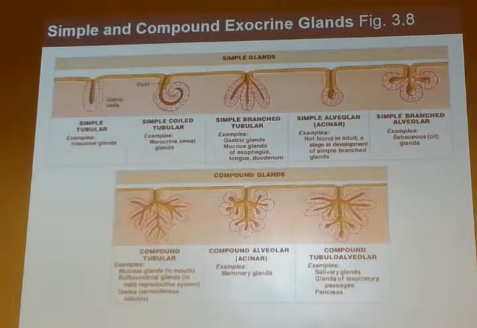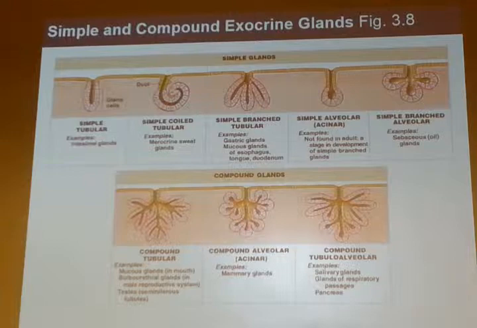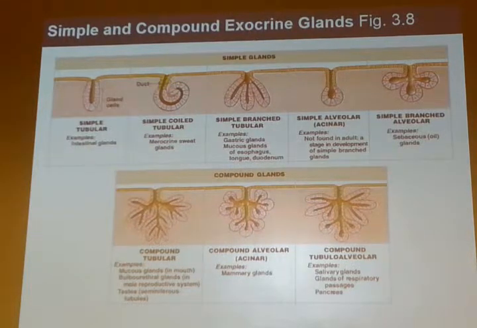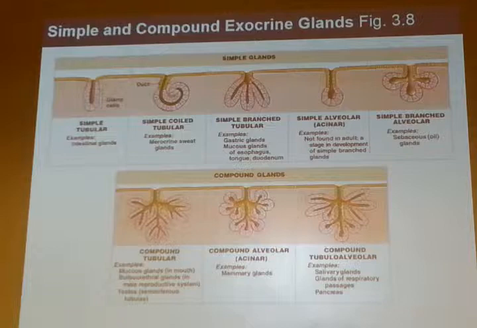Then some areas of the gland secrete from tubular secretory cells, and other areas secrete from alveolar or acinar secreting cells, going into multiple ducts that come up to the surface. You'll see that in salivary glands, respiratory passages, and primarily the pancreas.